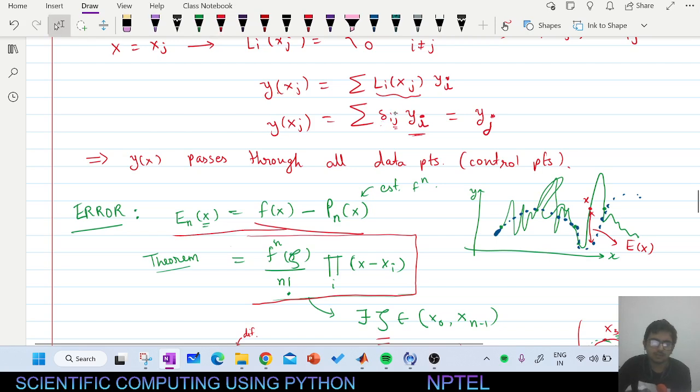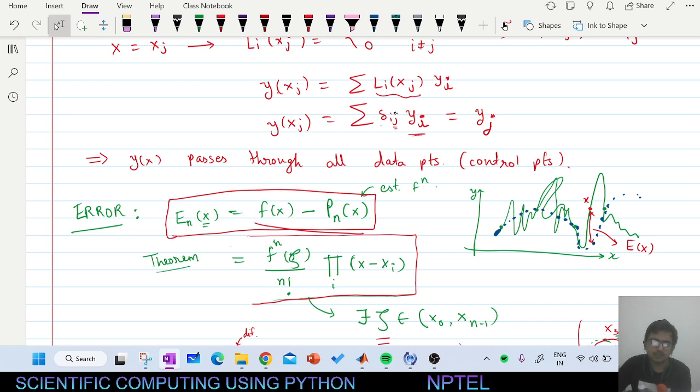Error function is given by this formula. And if we use this formula, this is just distance. By the way, I think there should be a mod here. But in any case, it's a distance between the data point and the estimated value.